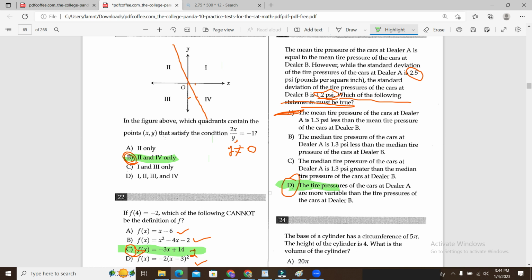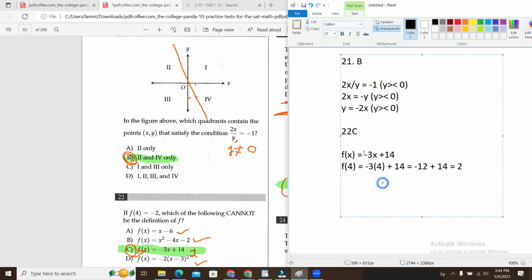So I think it's D. The pressure is more variable because the variability at A is greater, okay? So for 23 I'm going to choose D, and I could be wrong though. If I'm wrong, we're going to fix it, okay?